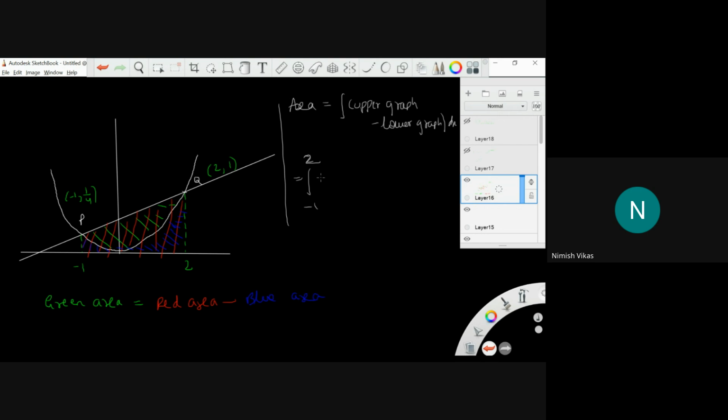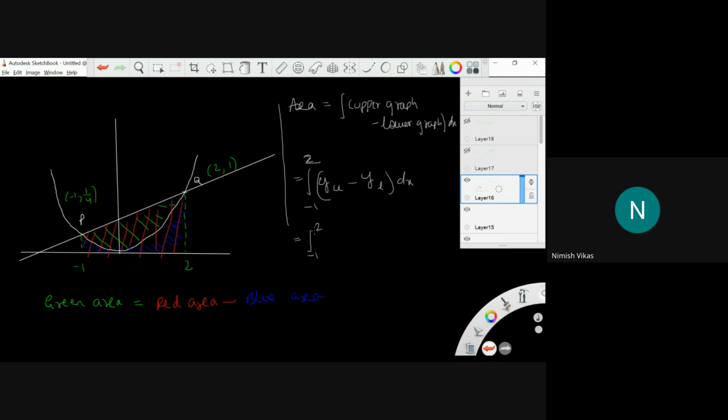The upper graph is PQ. So let's say y upper minus y lower dx. You can write like this. This notation is not compulsory. I'm just writing it to denote the upper graph minus lower graph. So minus 1 to 2.